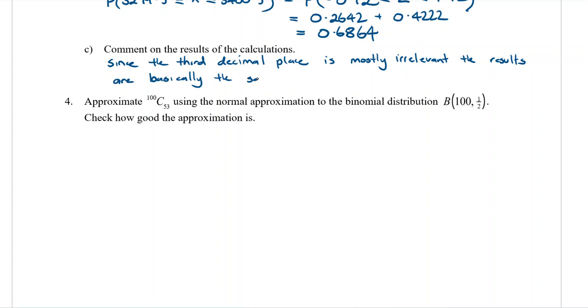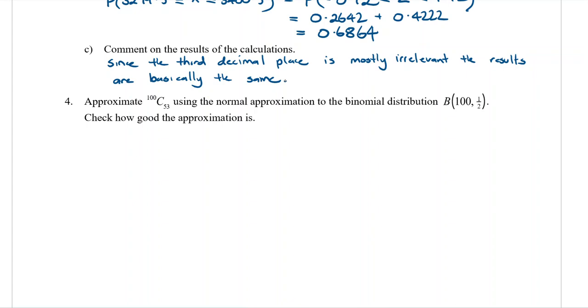So this is why for large values of n, you can ignore the continuity correction because it doesn't make much difference at all to your z-scores and hence to your result.